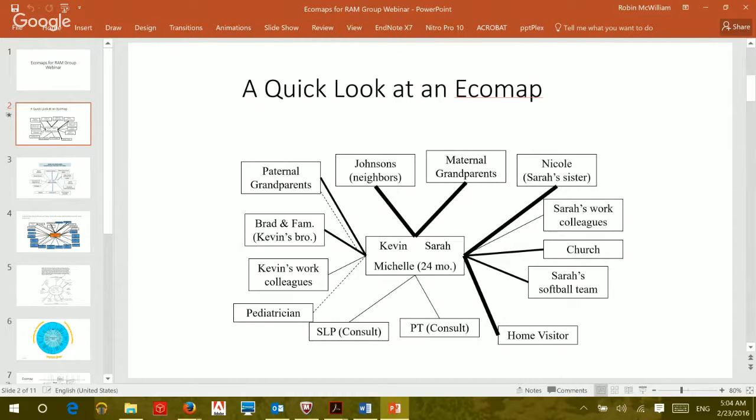That is a bit of a proxy for the amount of support that a person gives, on the assumption that the more frequently you talk to somebody, the more support that person is to you, or you wouldn't talk to them that often. For the formal supports, the question is usually how much you like the person.